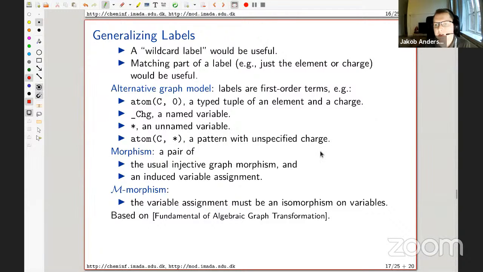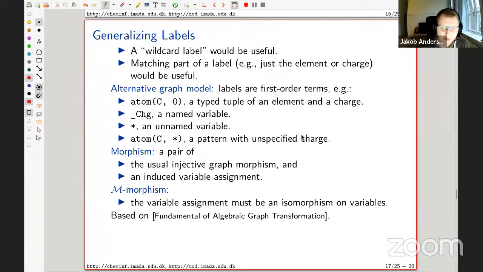This means that now we need to go to a different category for the underlying objects, and morphisms need to change. They are no longer just a normal graph morphism, but every time we have a graph morphism, we have mapped labels to each other. That induces a question for unification, syntactic unification.